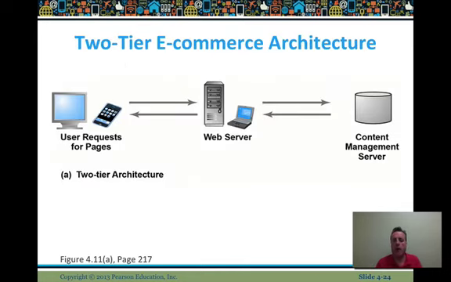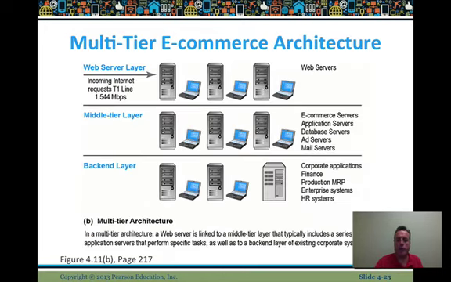Okay, so in your quick two-tier, the user page request comes in from the left over to your web server, over to a content management server, back to the web server with the content, and then serves that request up to the user on the far left. Very simple two-tier. Multi-tier, as I described a bit, you've got web servers up on top, multiple types.